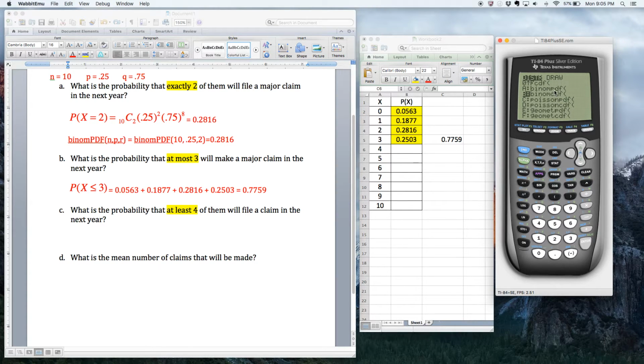The P in PDF stands for probability distribution function, so binomial PDF is the binomial probability function. Binomial CDF, the C, actually stands for cumulative, so this is the binomial cumulative distribution function. So then you're saying, what does that mean? Well, the word cumulative means from the beginning.